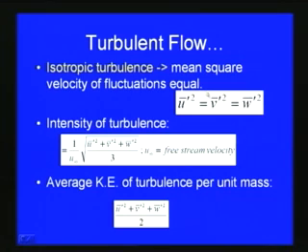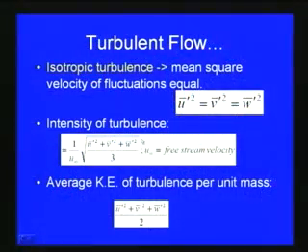Then, another important definition is isotropic turbulence. If the mean square velocity fluctuations in x, y and z directions are equal, then we call the turbulence isotropic turbulence. That means u dash bar square is equal to v dash bar square is equal to w dash bar square.